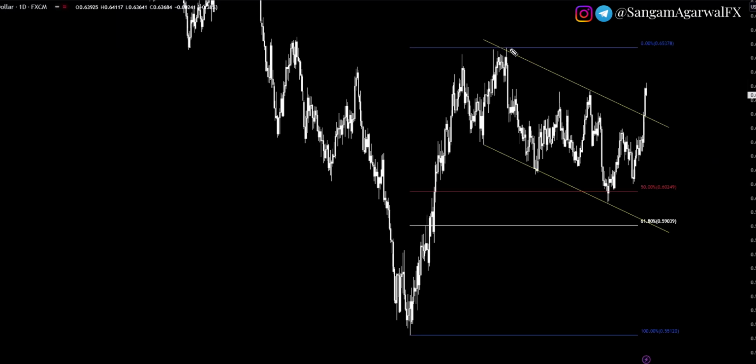And New Zealand dollar, US dollar, your flag chart pattern, it retraced 50%. It made a correction, but now it has broken out above this flag chart pattern. So if it retests this horizontal support level, then you can buy.